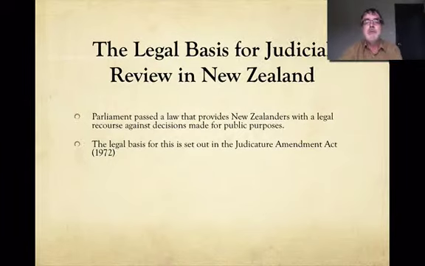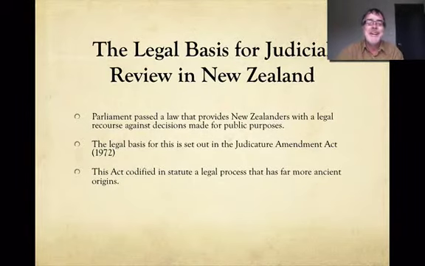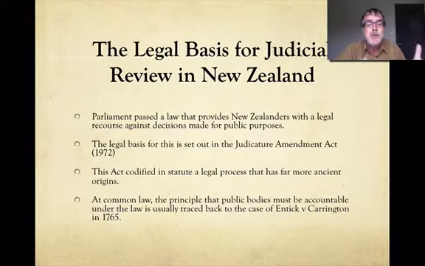There've been a couple of amendments since then. But of course, judicial review predates 1972. What happened is that the act codified in statute, so wrote down in statute, a legal process that actually has far more ancient origins. And here we're getting right back to ideas about common law.